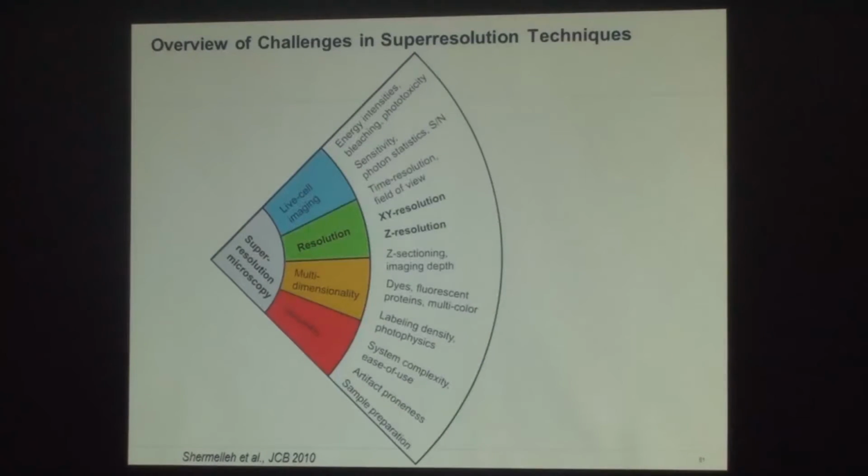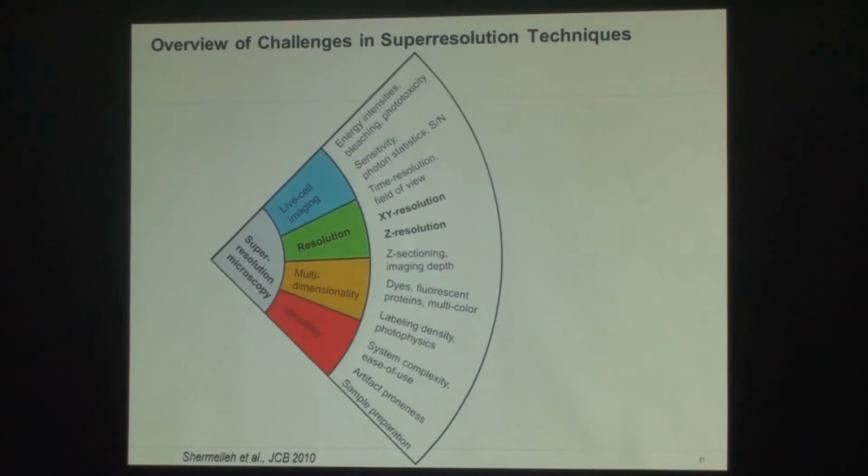However, like in any microscopy, you need to keep in mind that if you want live cell imaging, resolution, multidimensionality, and versatility all in one, there is no silver bullet in super resolution techniques, because every technique has an advantage and a disadvantage.